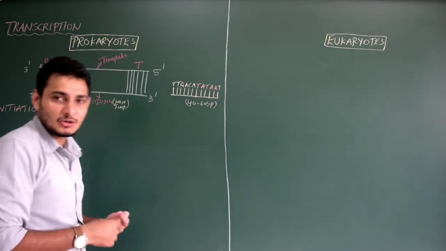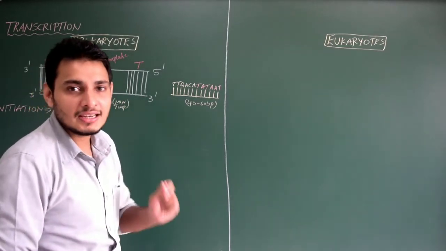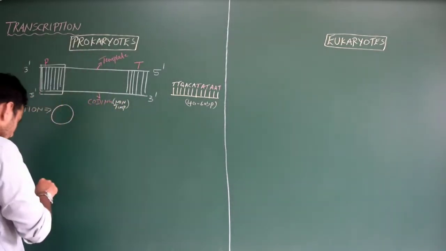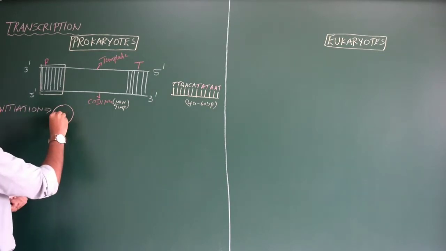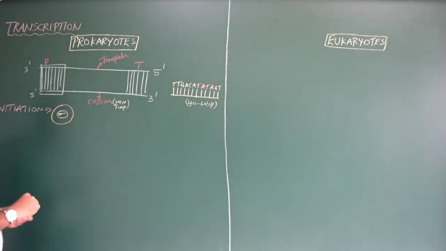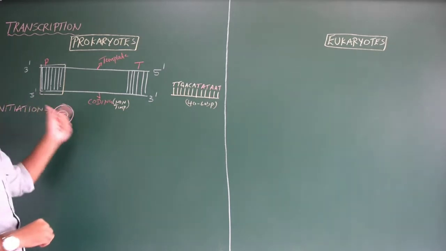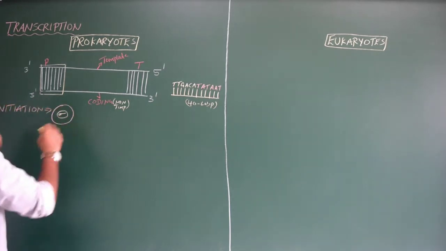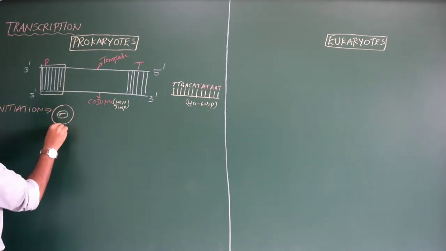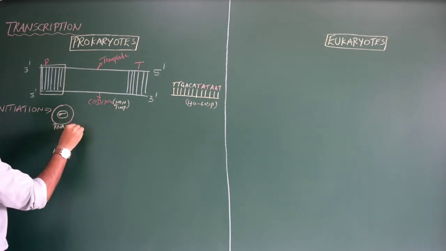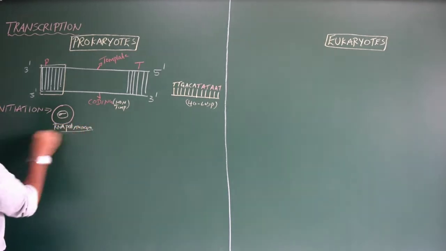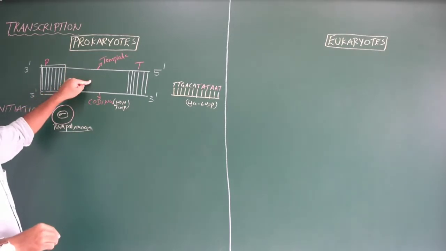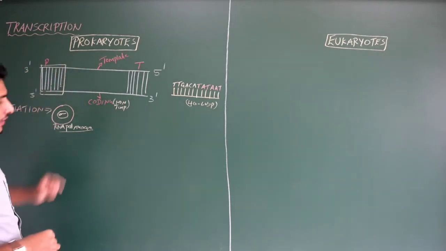Six: 2 alpha, 2 beta, 1 omega and 1 sigma factor. The sigma factor is very important, so I am going to write sigma factor within the RNA polymerase. I will not mention the other remaining 5 polypeptides of the RNA polymerase. So let us name it RNA polymerase. Only one RNA polymerase is enough for the process of transcription in prokaryotes.